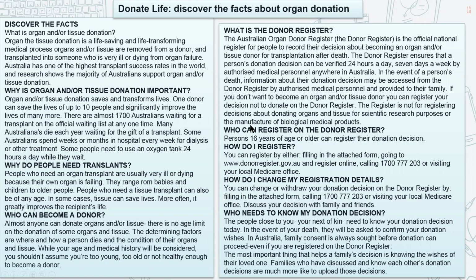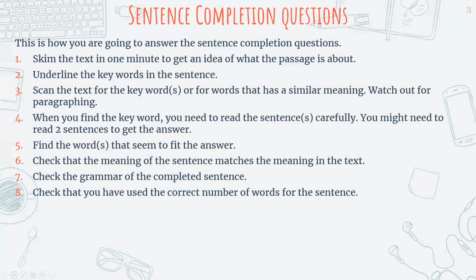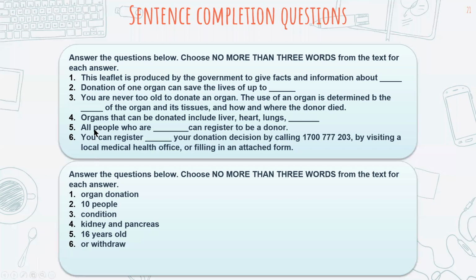And who can register on the donor register? Okay. So I need to go back to the questions. Sometimes you need to go back more than once, of course. All people who are something can register to be a donor. Okay. It's about registry.